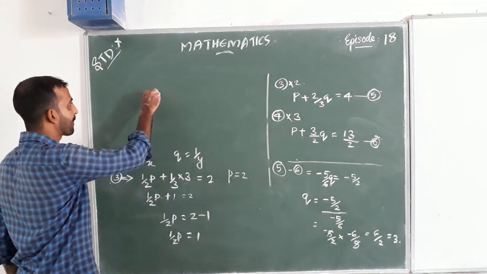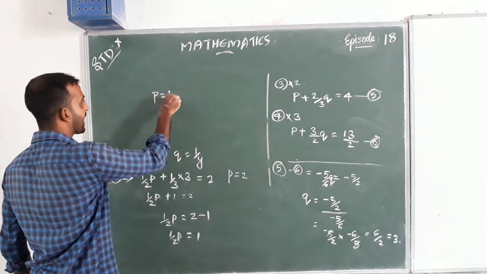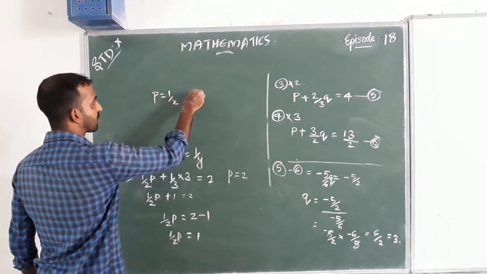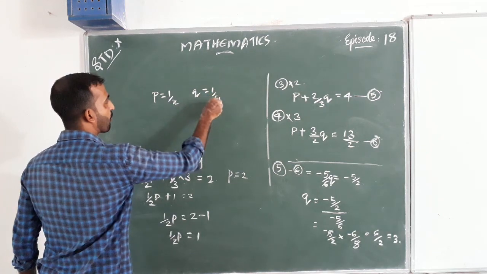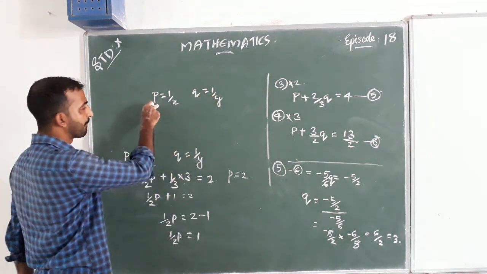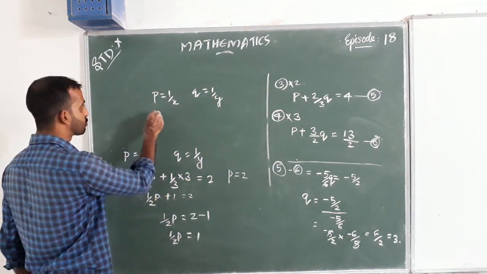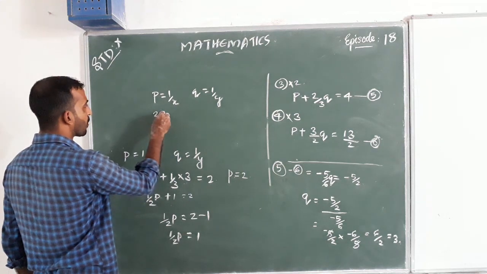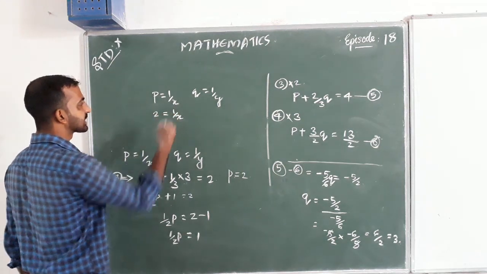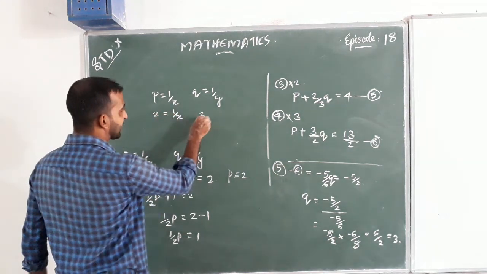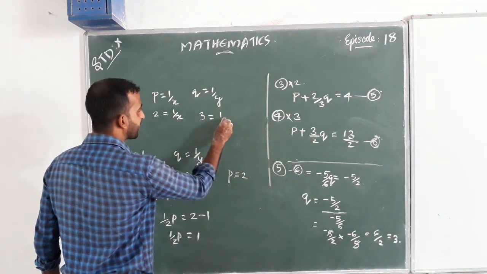What is our P? P equal to 1 by x and Q equal to 1 by y. The value of P is 2, so 2 equal to 1 by x and 3 equal to 1 by y.